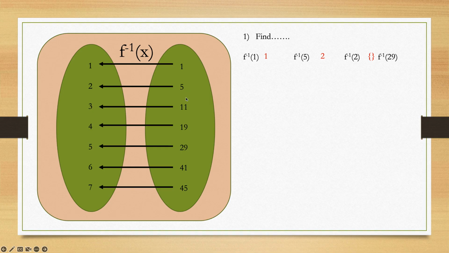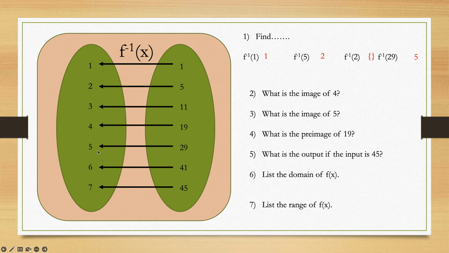There's no 2 over here to have an F inverse of. And F inverse of 29 is 5. So just follow the backwards arrow. And now we have vocab questions about this, which will really help your understanding, because if you can do both f of x and f inverse of x, you have an outstanding understanding of terminology.